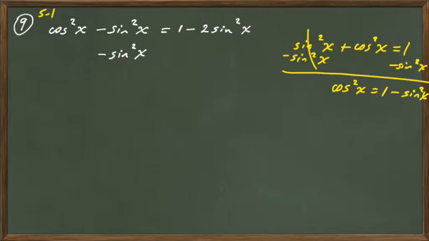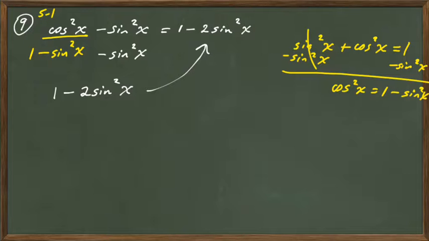So what can I replace this cosine squared with? 1 minus sine squared. Minus sine squared minus another sine squared is minus 2 sine squared. And there I have it matching the answer in 9.